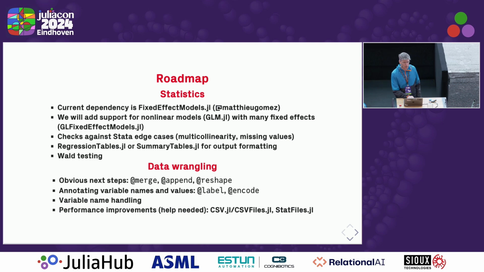Output reporting after regressions would be important for the users, of course. Something that came up in community discussion is Wald testing. So if you have multiple constraints and you want to test your regression, whether say two estimated parameters are equal, that's kind of hard to do. There's no single package for that, and we're happy to take that on, for example, in terms of statistics.